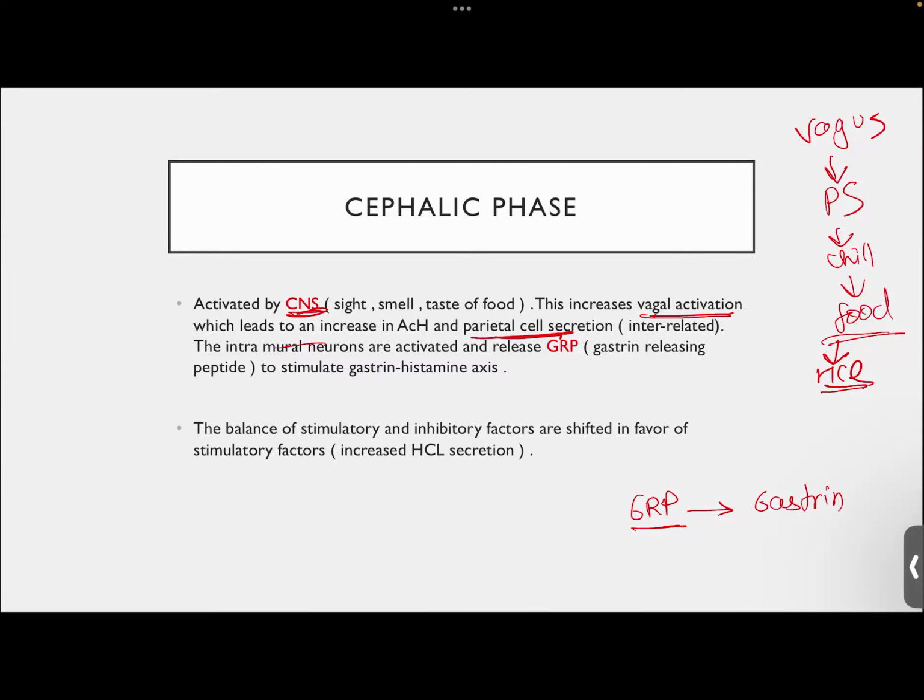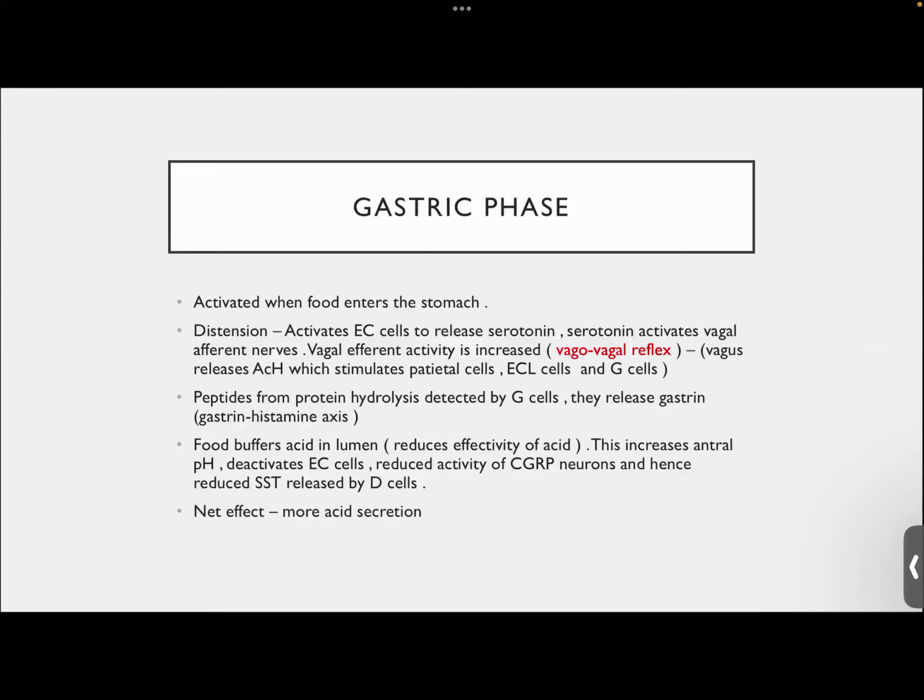We talked about the stimulatory factors for acid secretion and the inhibitory factors. In this case, the stimulatory factors win, and you have more acid secretion. So cephalic phase is CNS, and how I remember this is C. CNS, sight, smell, taste of food, vagal activation increased, which increases parietal cell secretion.